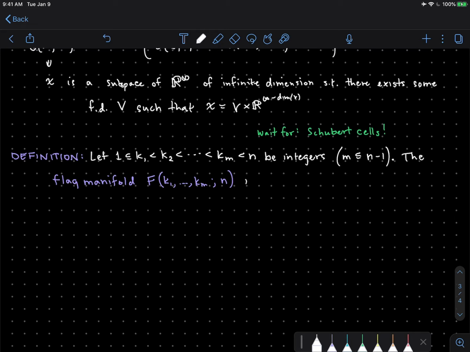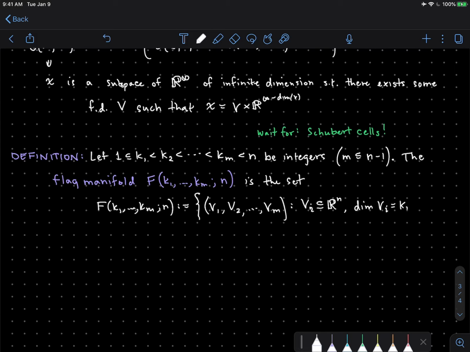So this is the set of tuples v1, v2 through vm, where v sub i is a subspace of R to the n, and the dimension of v sub i is equal to k sub i.